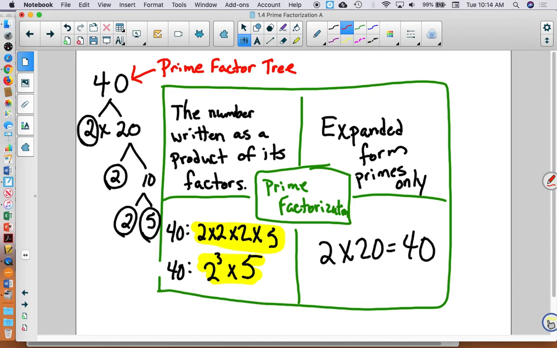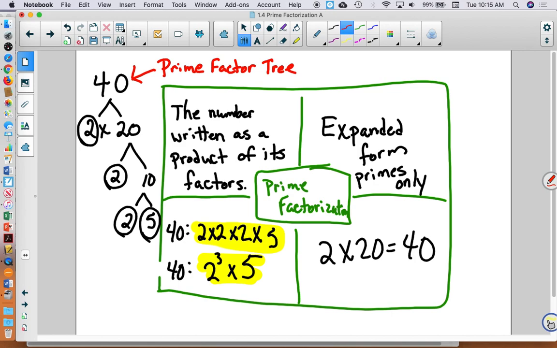Now the fruit that comes off of that tree is all prime numbers. See how they're circled? That's the fruit. Does that make sense, Brian? Yeah. The fruit of this tree is all prime numbers. That's why I call it a prime factor tree.